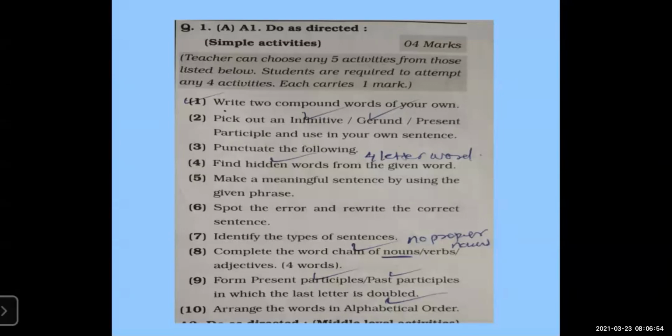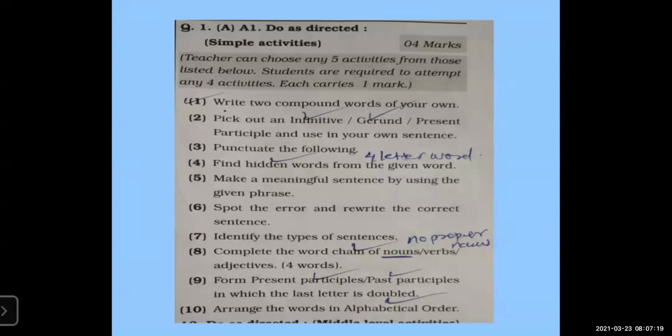The phrase which is given, you have to use that particular phrase in your own sentence. That is more important. Some students write the meaning of the phrase and then use the meaning in their sentence. It is wrong. You'll lose your mark. You have to use the phrase which is given in the sentence.